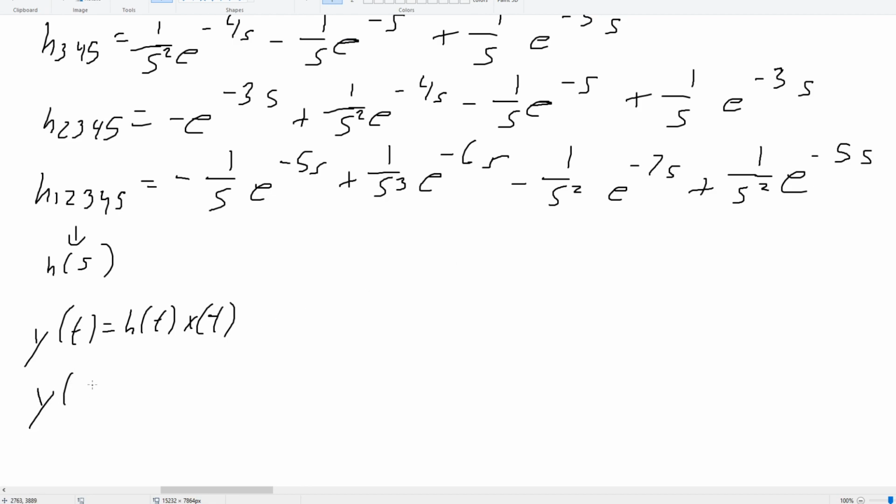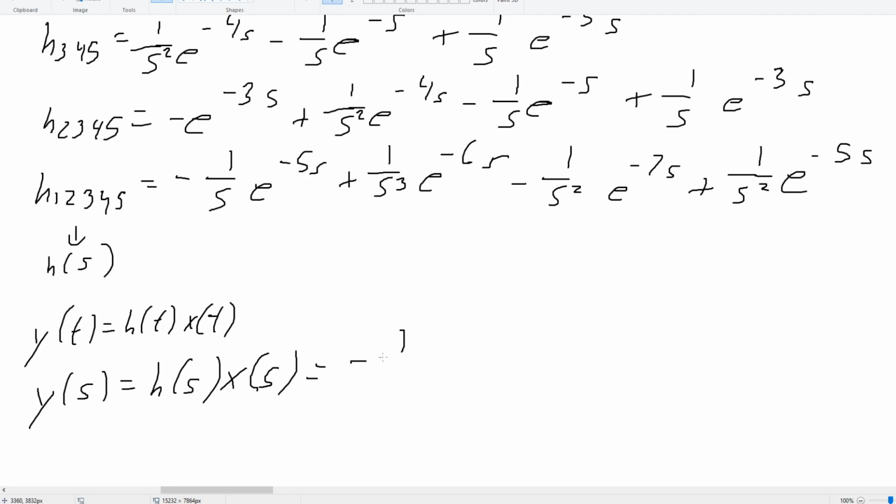So we're actually going to find y of s is equal to h of s times x of s. What is this going to turn into? I forget already. Oh yeah, you just multiply them.